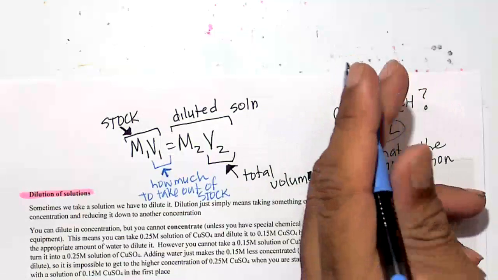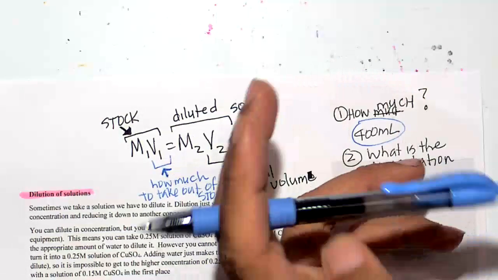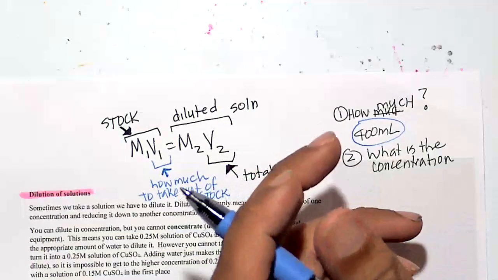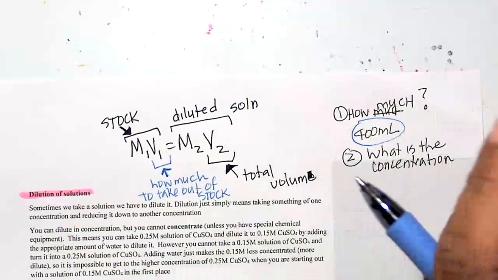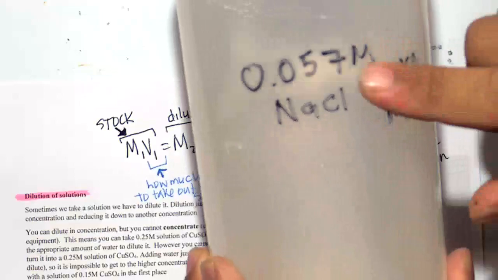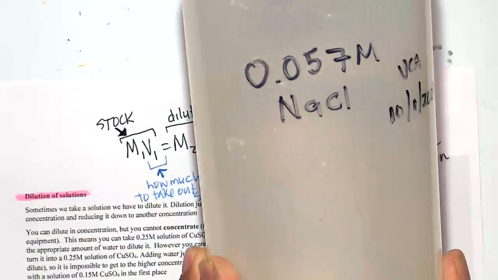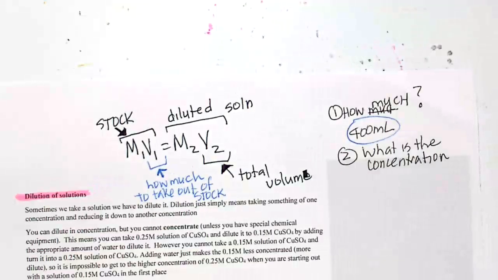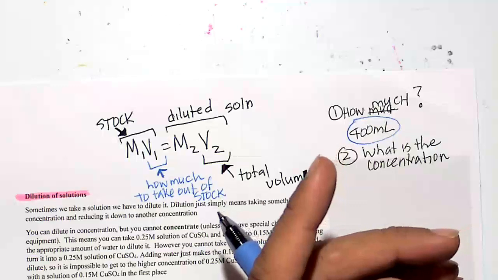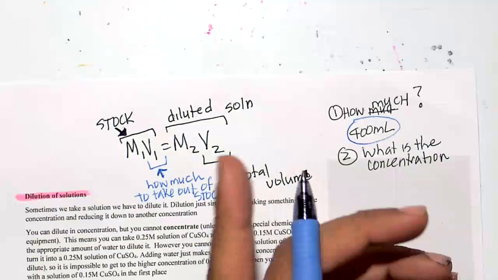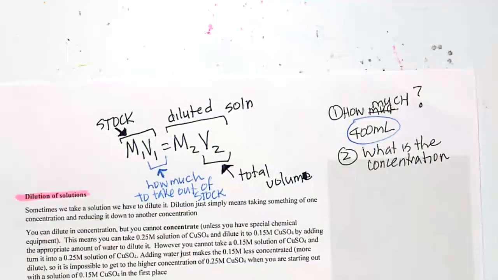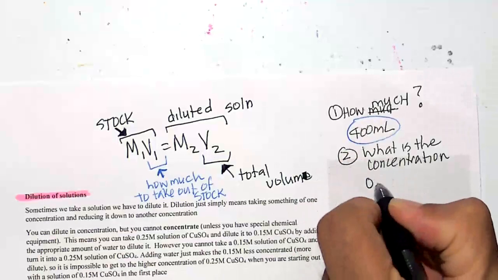You say 1.000, but we made a 0.057, so I'm saying give me a number less than 0.057. Almost half, 0.036. So we will make 0.036 molar.